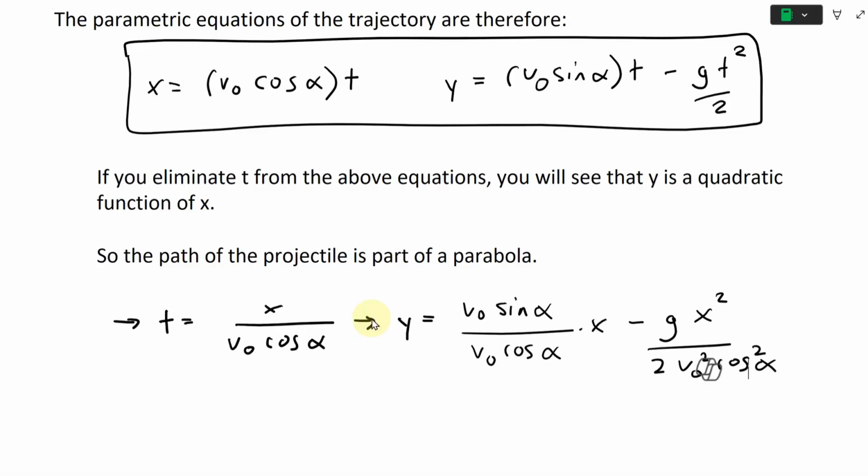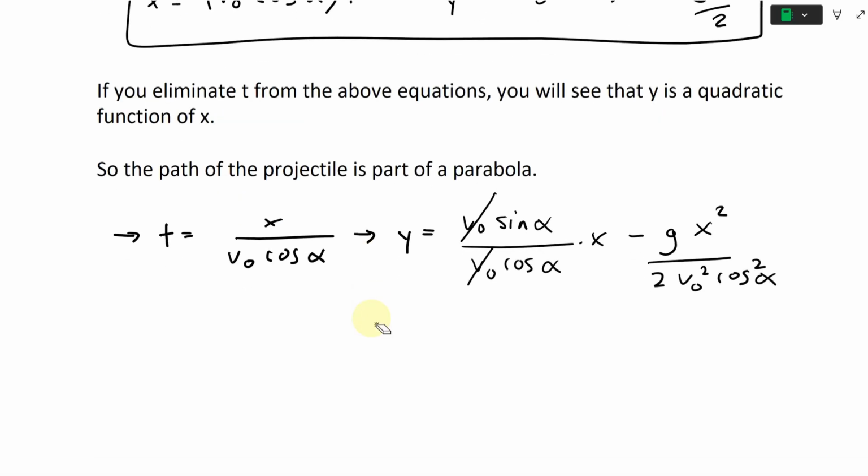In other words, this cancels, and the top part is going to be tan alpha. So y is equal to tan alpha times x, and then minus this whole setup, g x squared over the constant.